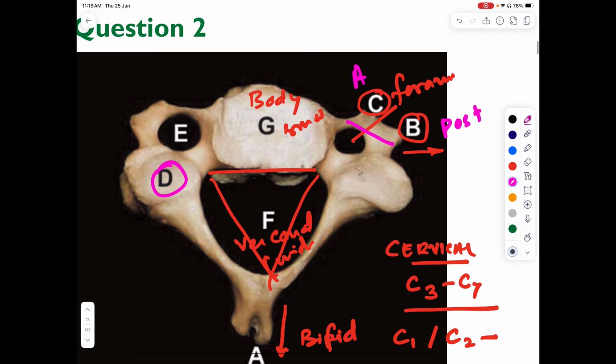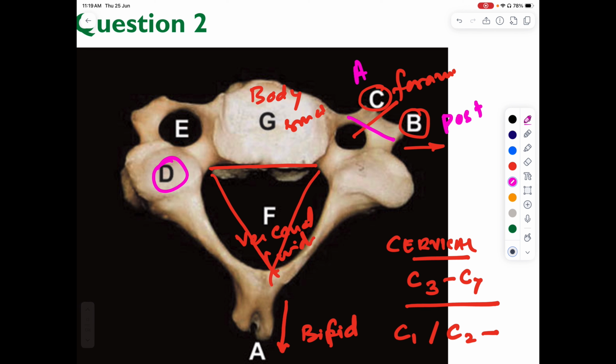Uncus is a small upturned lip on the upper lateral margin of cervical vertebra. They form the uncovertebral joint with the successive vertebra and allow rotational movements.